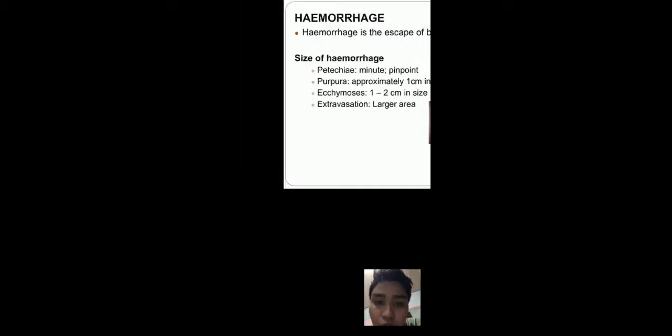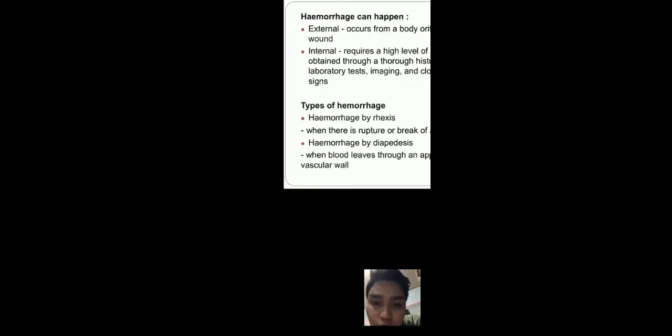Next is hemorrhage. Hemorrhage is defined as the escape of blood from a vessel. Hemorrhage can be categorized by size. Petechiae is a minute pinpoint. Purpura is a hemorrhage approximately 1 centimeter in size.